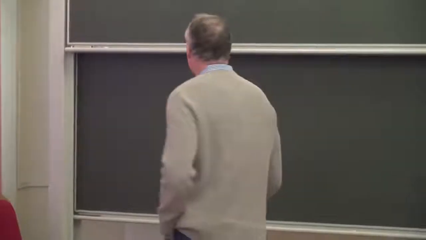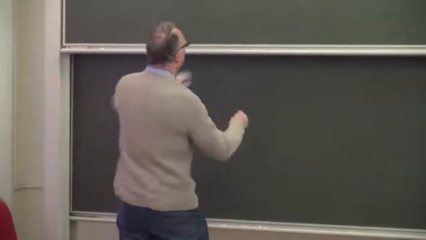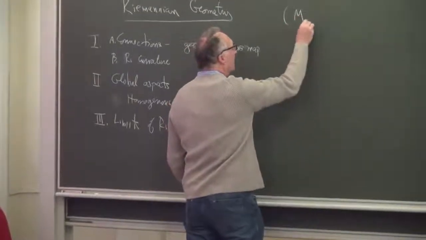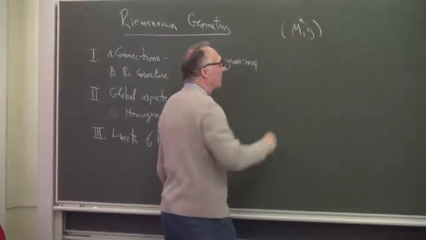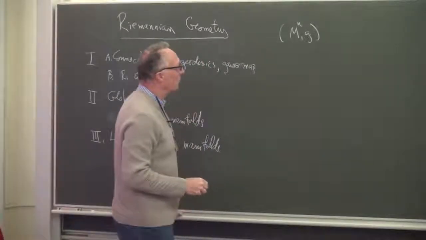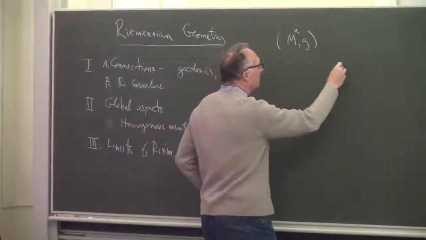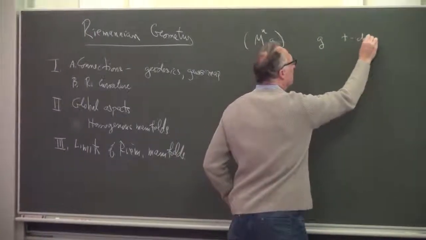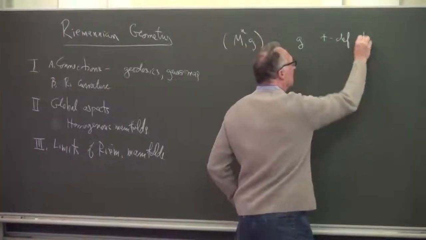All right. So the basic object under consideration is a Riemannian manifold. So it's some smooth manifold of a dimension that's not too important right now, and then a Riemannian metric. So g is a positive definite Riemannian metric.